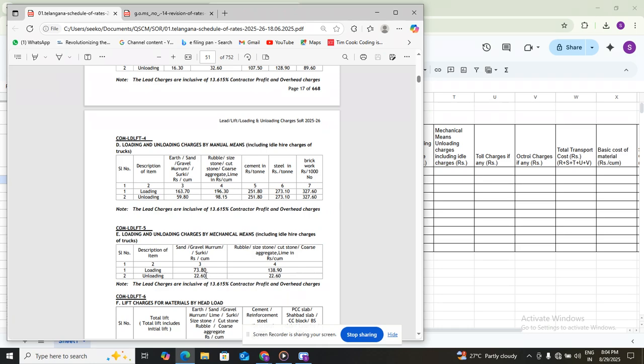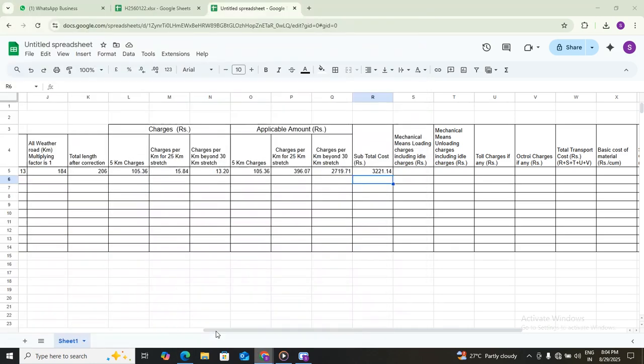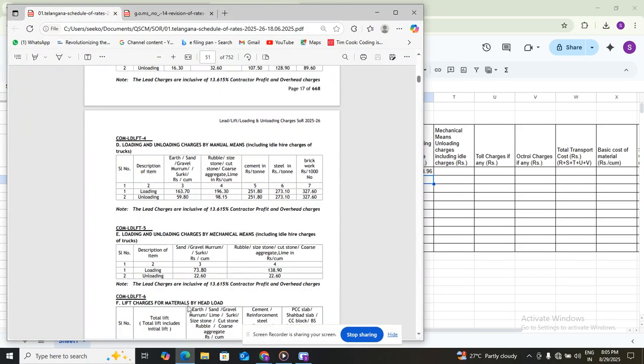We need to find out the actual cost. Loading is 73.8. We need to go to the slides here. 73.8 divided by 1.13615. After that, the unloading charges, what are the included charges? Unloading, what charges we need to check here.